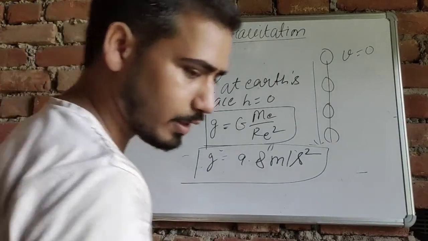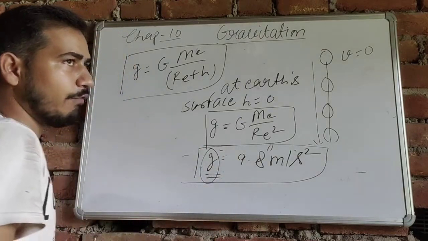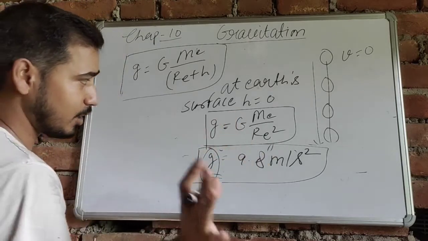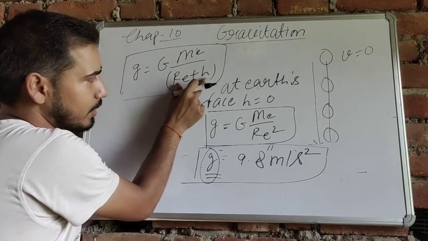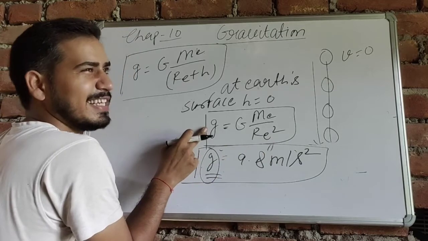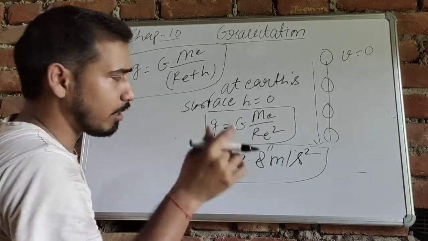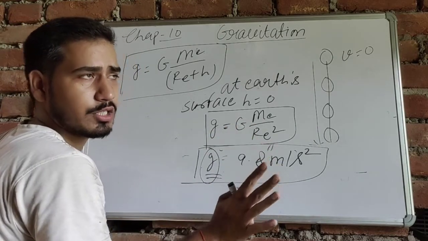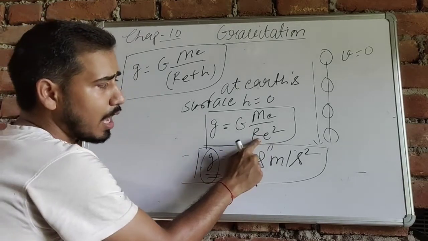Now let's discuss the variation of g due to the shape of earth. In this expression you clearly see that if Re is varying, then g also varies. Mass is not going to vary because mass of any object is a universal constant, meaning throughout the universe the mass of any object never changes, but Re can change.